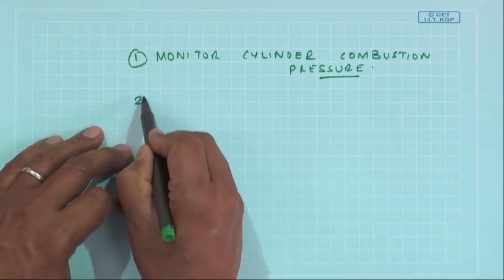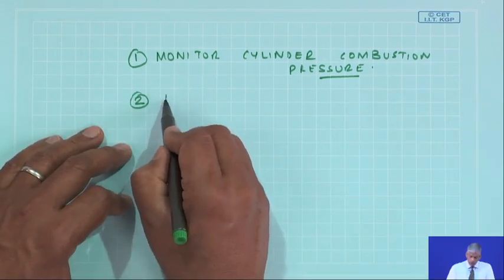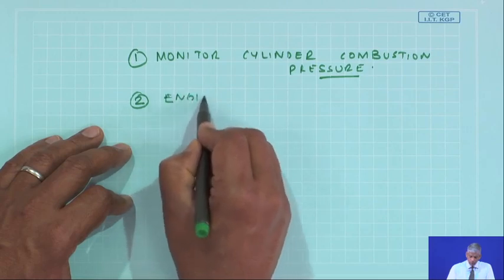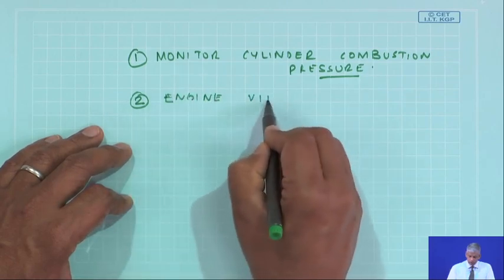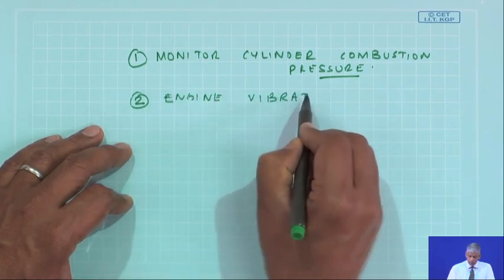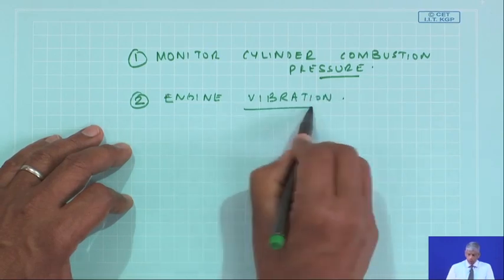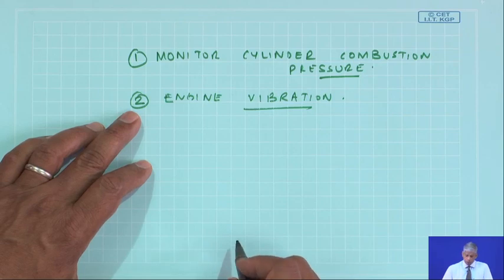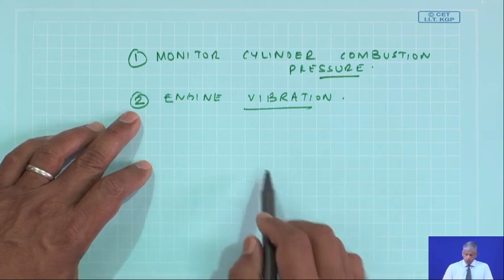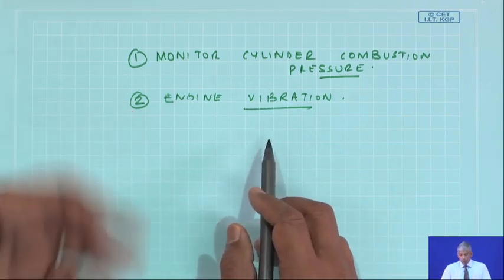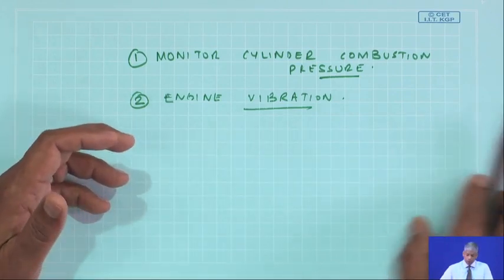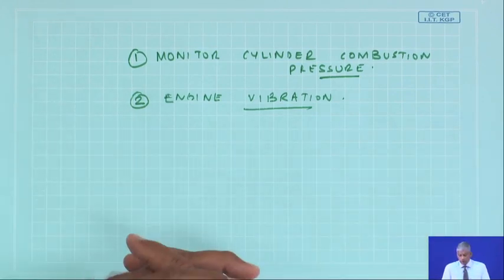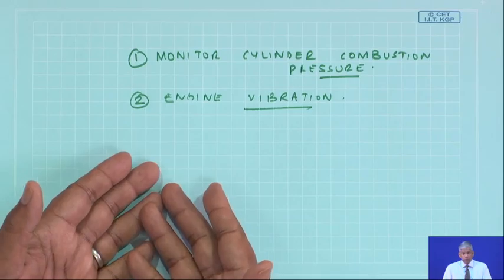Or alternately, we can measure the engine vibration. If you monitor the engine vibrations, obviously at more speed, there is more rate of combustion and more pressure in a given time, so the vibration level will increase.